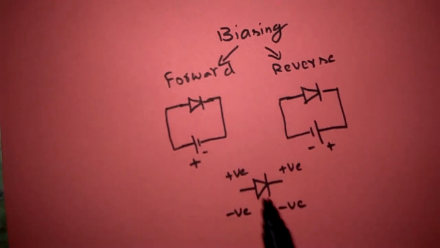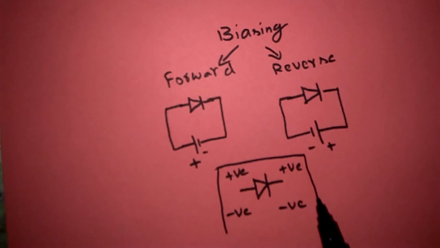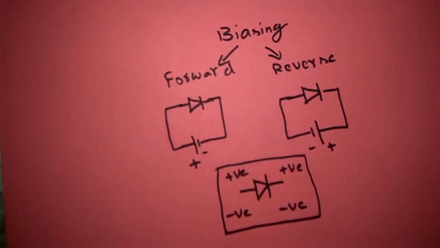Both sides same polarity will be connected. In this case, we will be confused whether the diode is in forward bias or reverse bias. The basic definition is correct, but we can't judge the diode is in forward bias or reverse bias with the basic definition. So in the case of digital electronics, we have to improve the definition of forward bias.